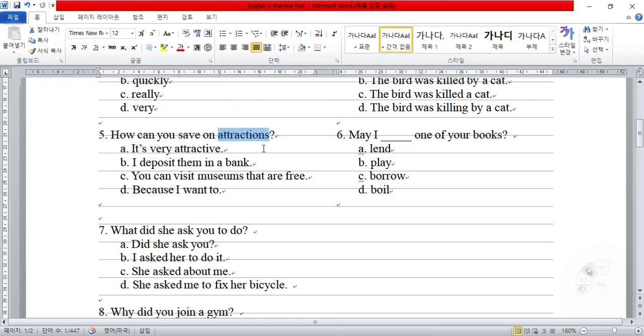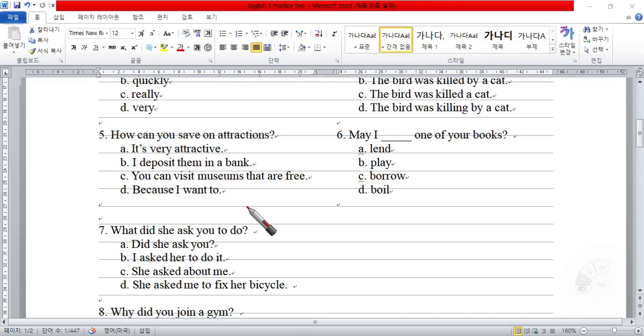So attractions, you're looking at something like a place that would attract a tourist, a place to go and spend some time. Sometimes you might go to a theme park or an amusement park. Other times you might go to a movie theater.